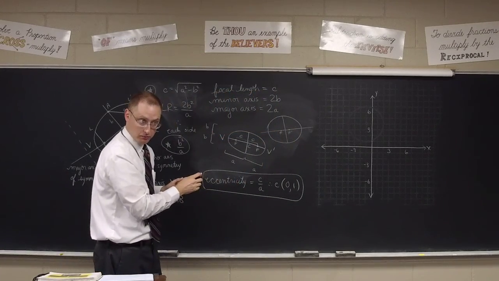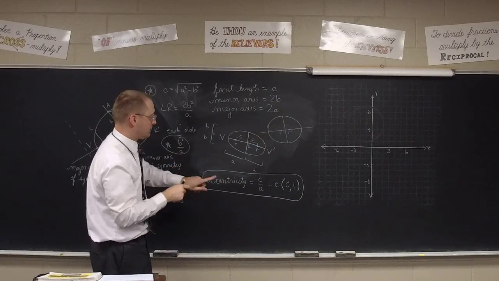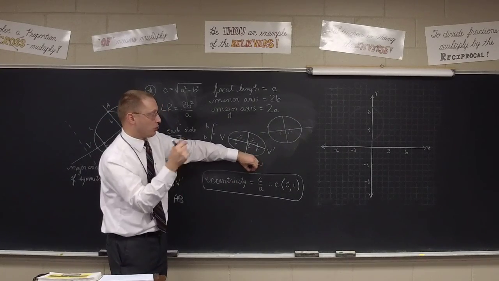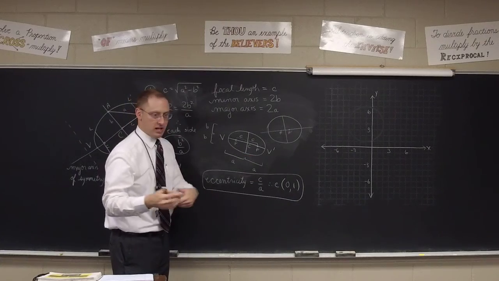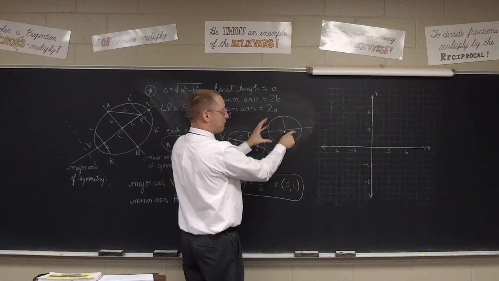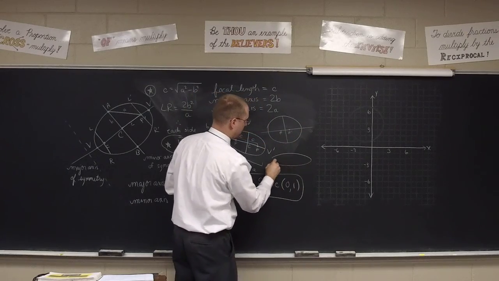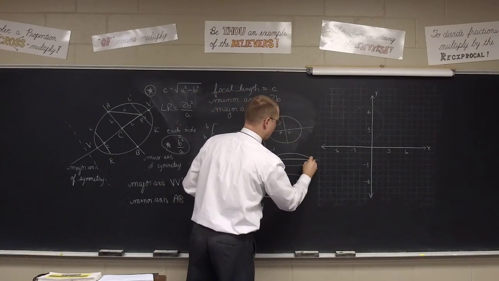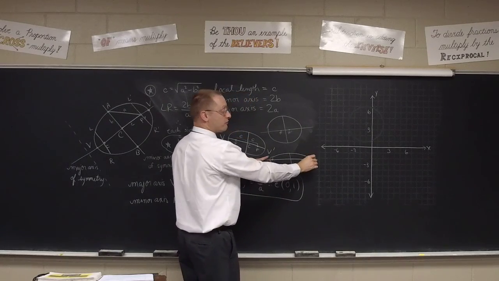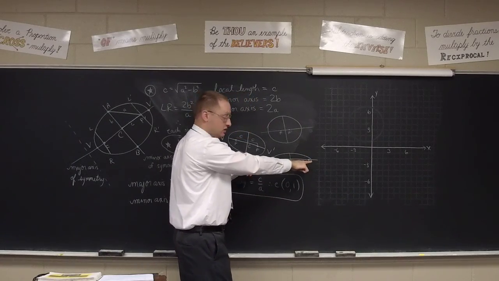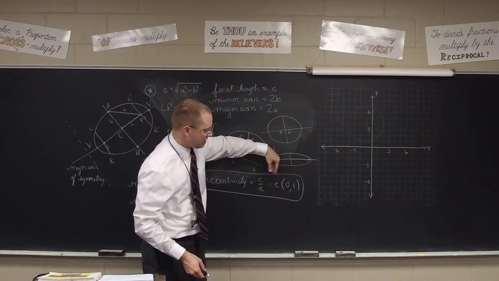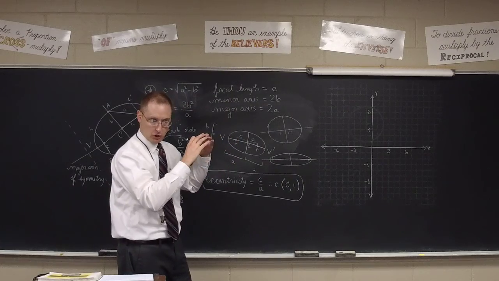So your focal length becomes 0, which gives an eccentricity of 0, and therefore a perfect circle. As foci come in, it gets more circular. As foci go out toward the vertices, you get an eccentricity closer to 1. So the eccentricity tells you the distortion from a true circle.